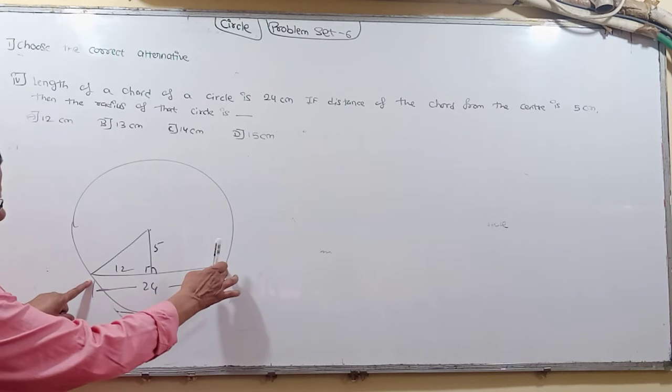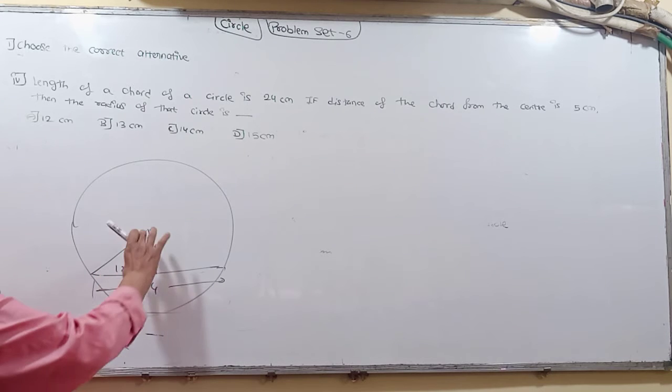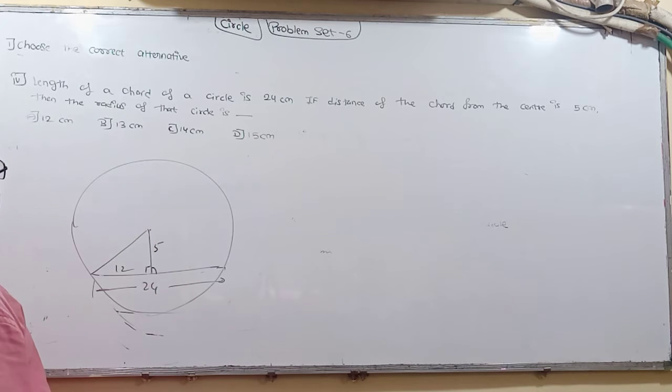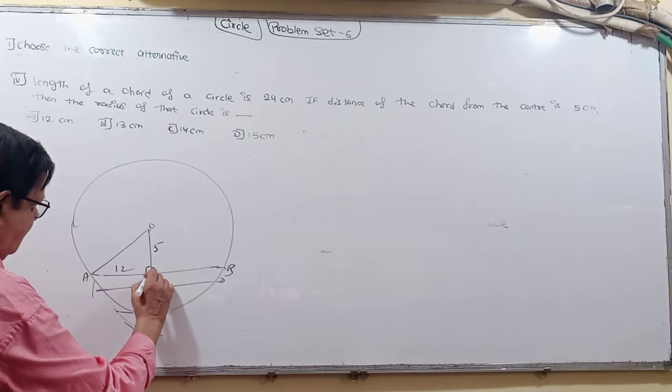Length of the chord is 24. This will be half of the chord. Half of the chord is 12. Distance दिया है 5. तो हमको radius चाहिए. ये radius O, A, B, M.